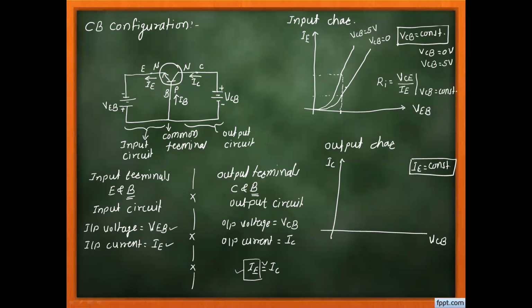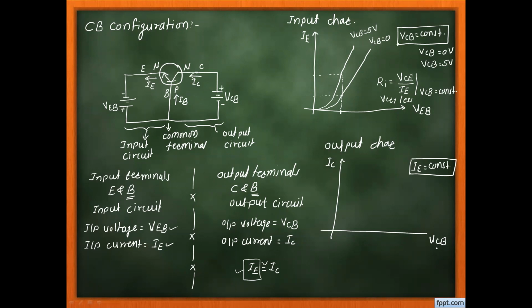And as you have the graph, linear graph means input circuit voltage increases, input circuit current also increases. It means that just like a forward bias diode, input resistance of common base configuration is very less. Get it my point?